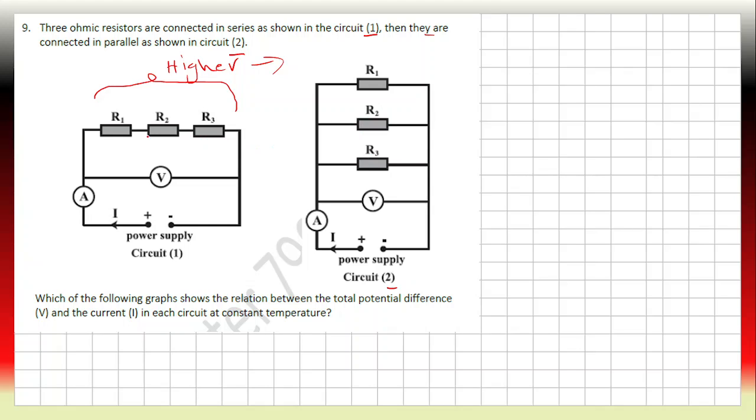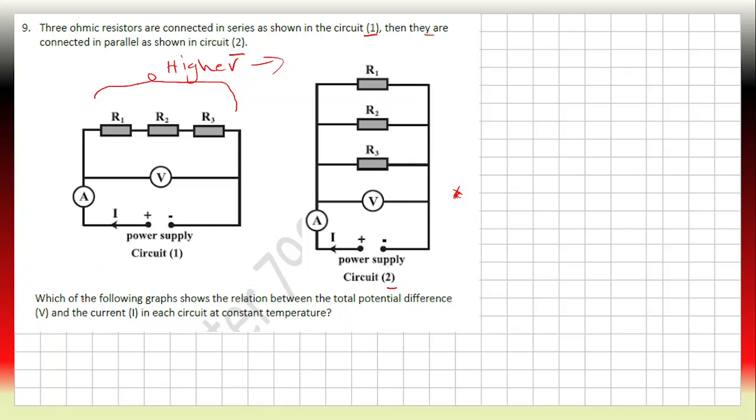Yeah, the total resistance here will be higher than what we have in circuit 2. Remember, here you'll just add them directly, but here we will add the inverses, and then finally you get the inverse. And the resistivity of the entire thing in this parallel connection will be less than the least one.